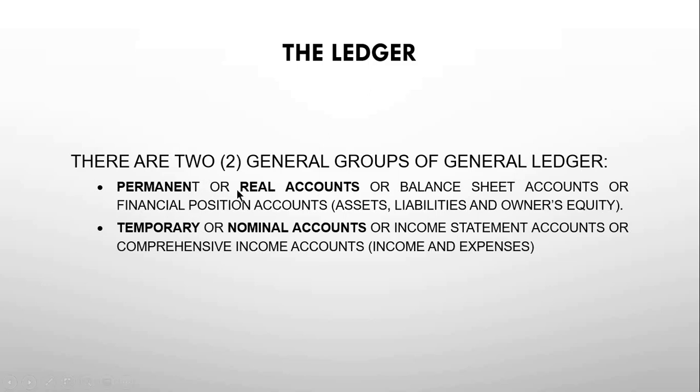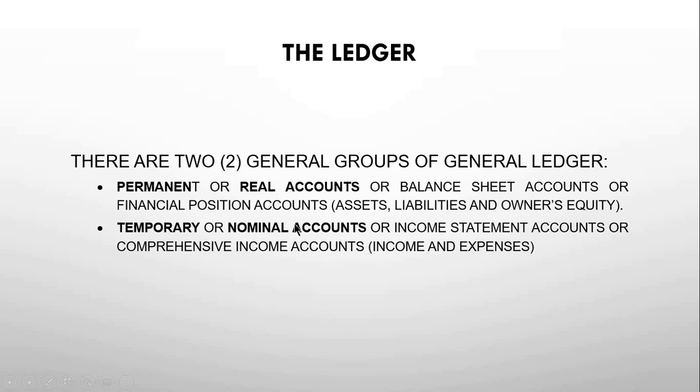So there are two general groups of general ledger. We have permanent or real accounts. So ito naman yung mga balance sheet accounts, no? The financial position accounts. So ano naman yon? That's asset, liabilities, and owner's equity. Ito yung mga accounts na tinatawag na permanent or real account. Temporary or nominal accounts naman or income statement accounts or comprehensive income accounts.